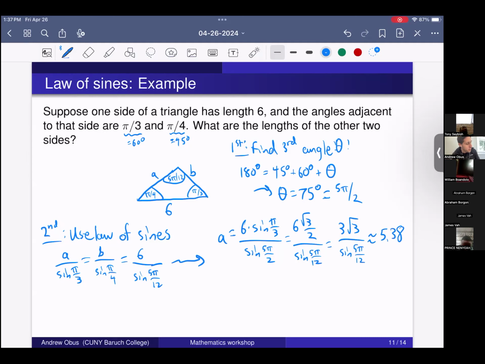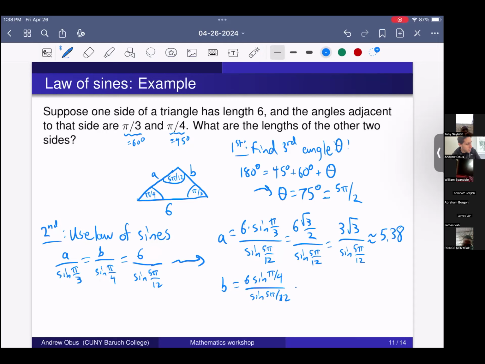Then side B is the same thing, except we have B over sine pi over 4 equals 6 over sine 5 pi over 12. So the sine pi over 4 has to move up here, and B is equal to the exact same expression, but with sine pi over 4 instead: sine pi over 4 over sine 5 pi over 12.